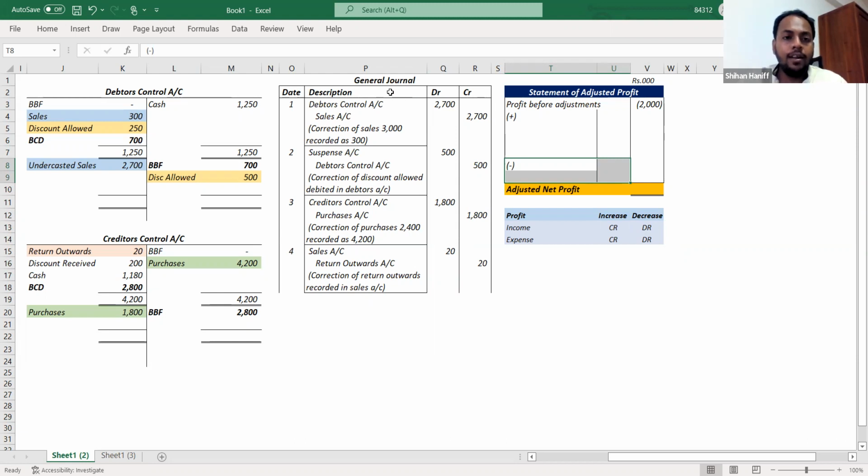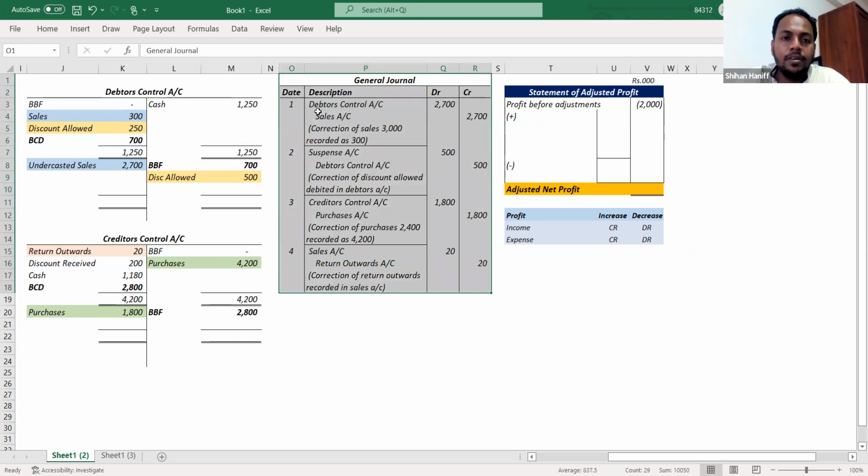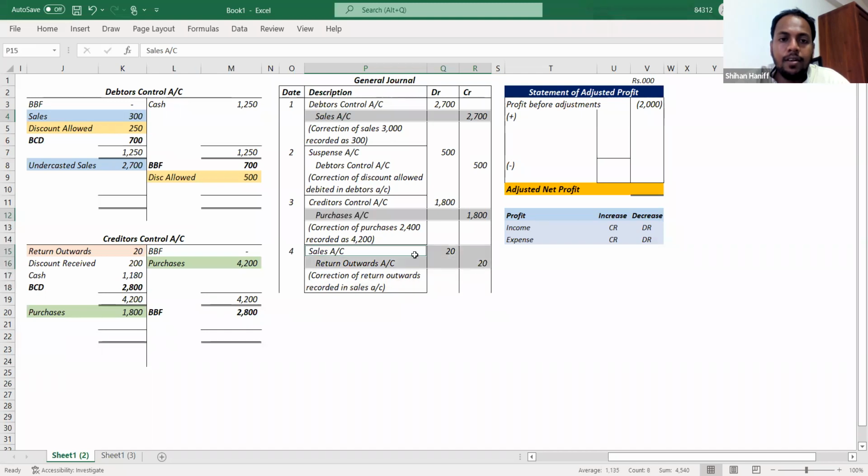So first we will identify what the income and expense accounts are here. Debtors is not an income, debtors is an asset account. Sales is an income. Here nothing. Purchases, sales, and returns.